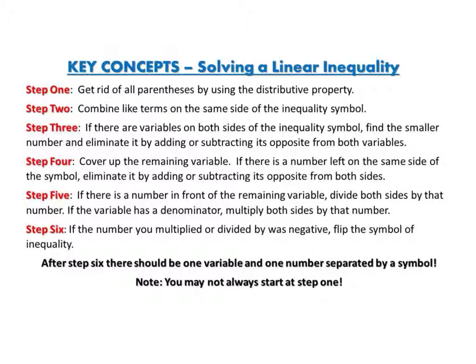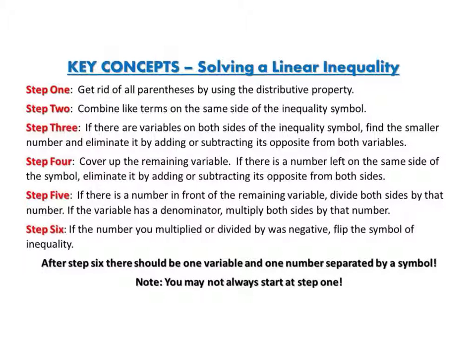Step 2 is you combine all like terms if they're on the same side of the inequality symbol. Step 3 is if there are variables on both sides of the inequality symbol, you find the smaller number of variables and eliminate it by adding or subtracting its opposite from both sides. You'll see what I mean also with that.